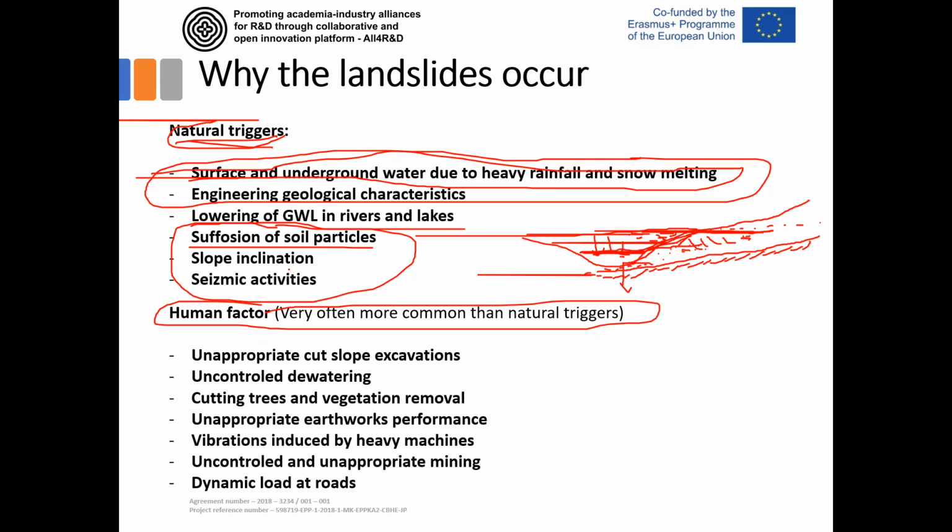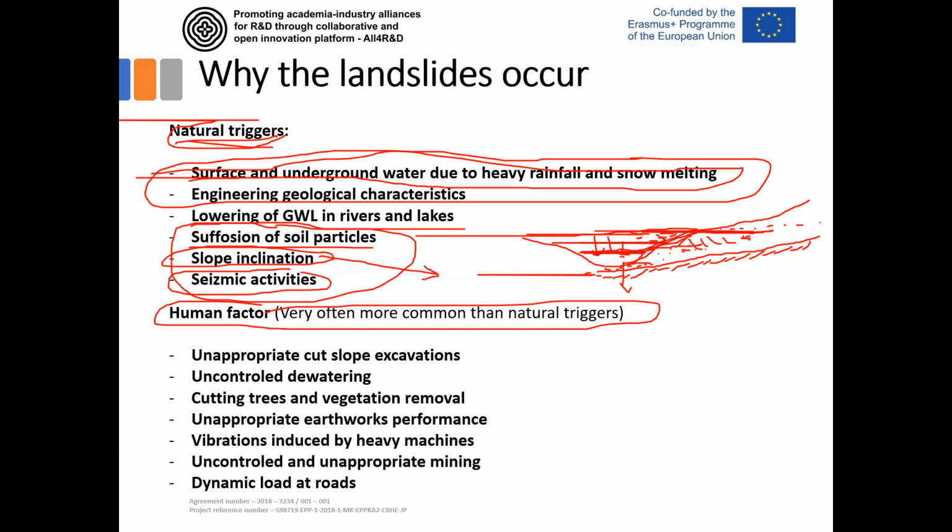We can also have seismic activities that are not very frequent here in local practice, and actually we don't have so many problems with landslides activated due to earthquakes like you have in some other countries worldwide, like Japan and so on.